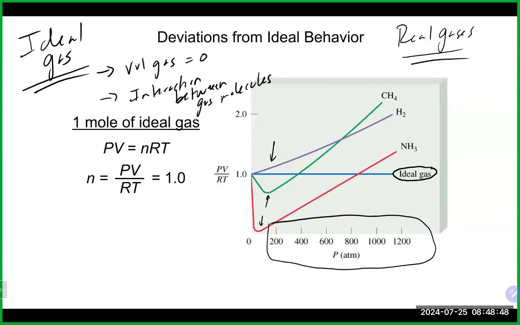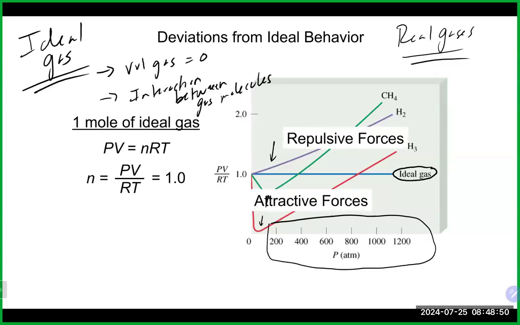So under these real gas situations, those attractive and repulsive forces come into play. If you think about Boyle's law, the relationship between pressure and volume, when we hit these really high pressures, that means we probably have a very, very small volume.